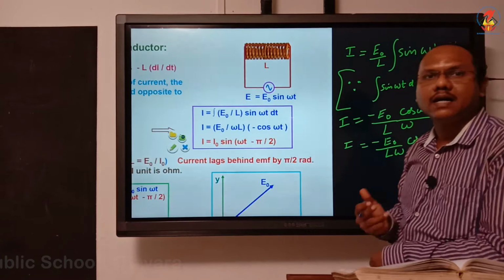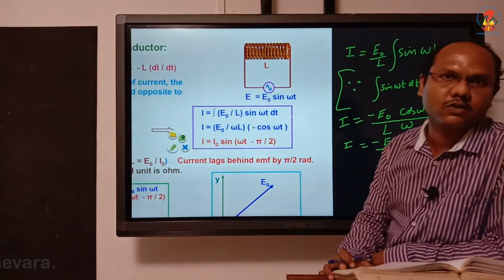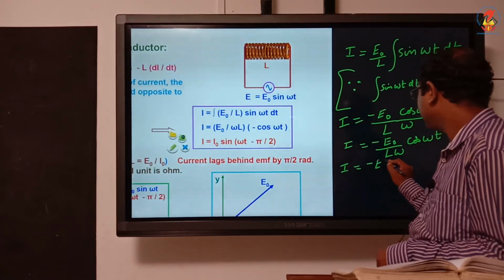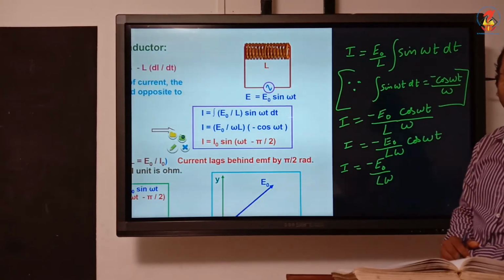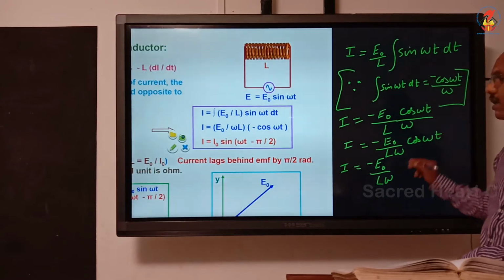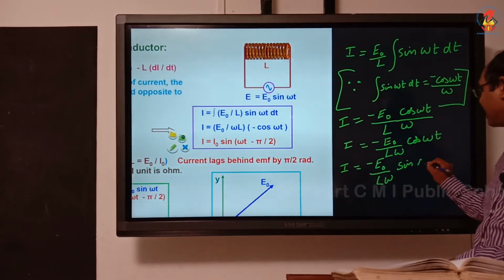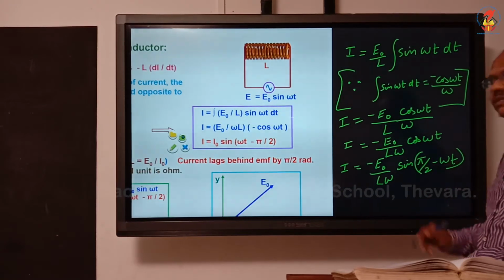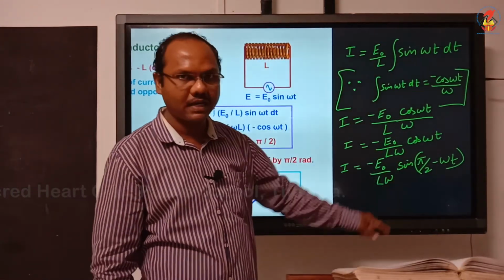And sin 90 minus theta is cos theta. So, I can write I is equal to minus E0 by L omega. Cos omega t can be written as sine 90 minus omega t. Sine 90 minus omega t is cos omega t.